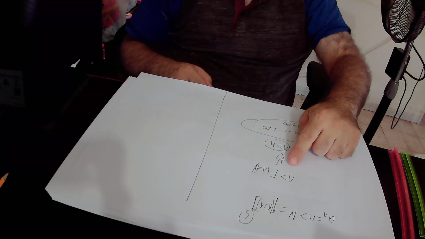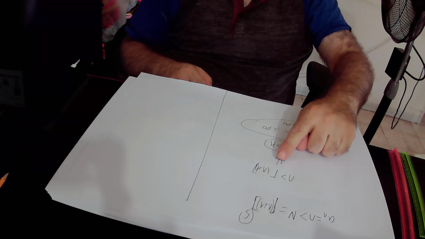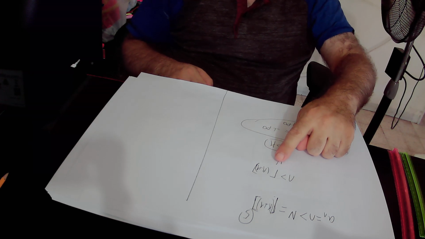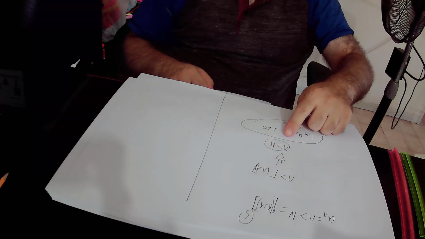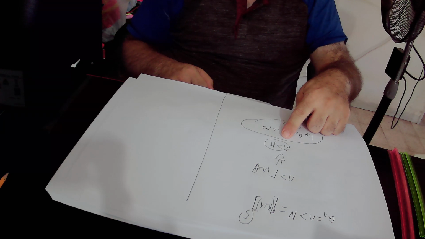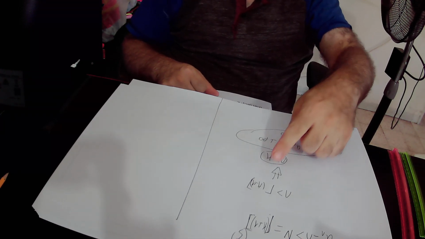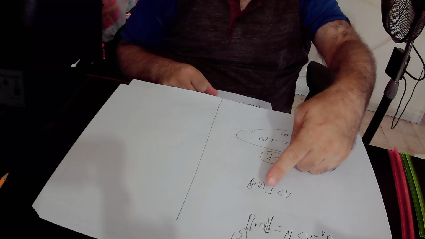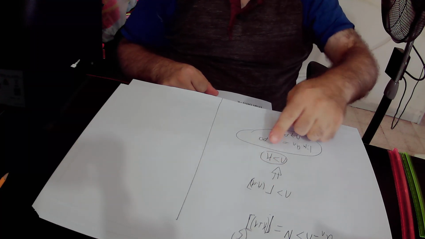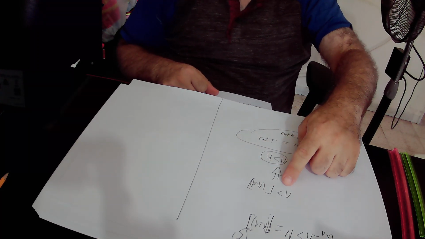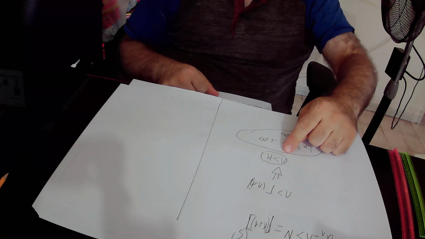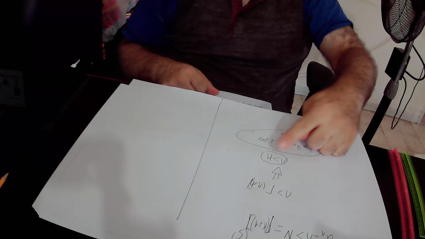So if n is greater than the integer of k plus 1 when it is rounded up, let alone that n is greater than k. Why? Because k plus 1 when it is rounded up is greater than k. So if n is greater than k plus 1, let alone that n is greater than k.